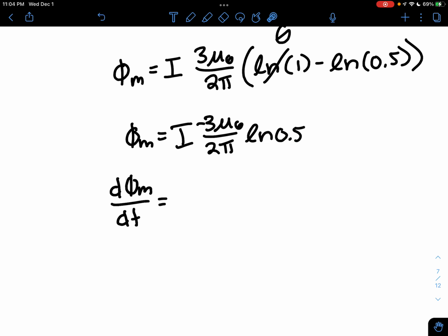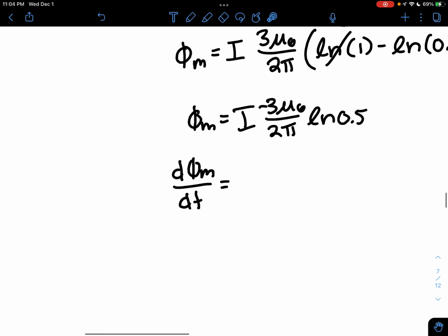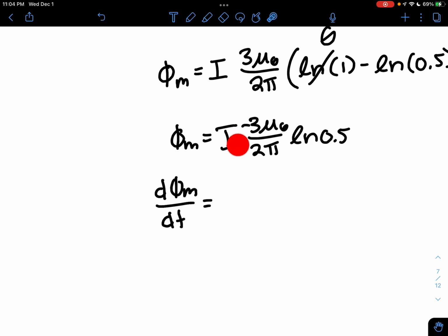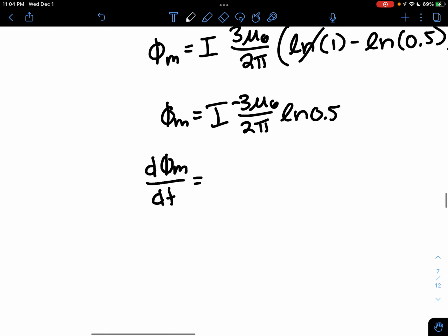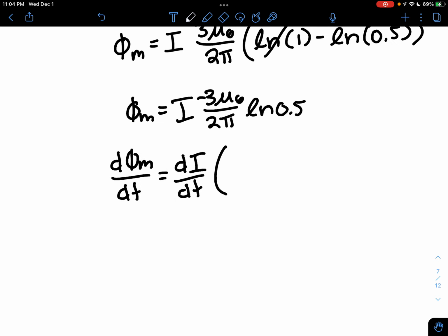These are all just numbers you can punch into a calculator and find. The only thing that's going to change with respect to time is our current, right? So that's going to be our di dt times this whole monstrosity over here, negative 3 mu naught ln of 0.5 over 2 pi.